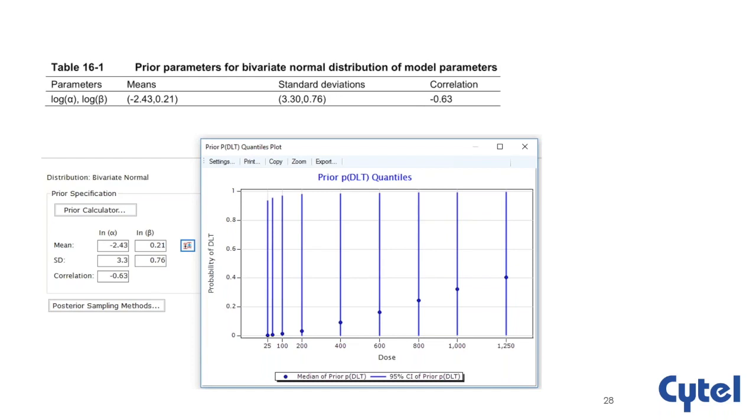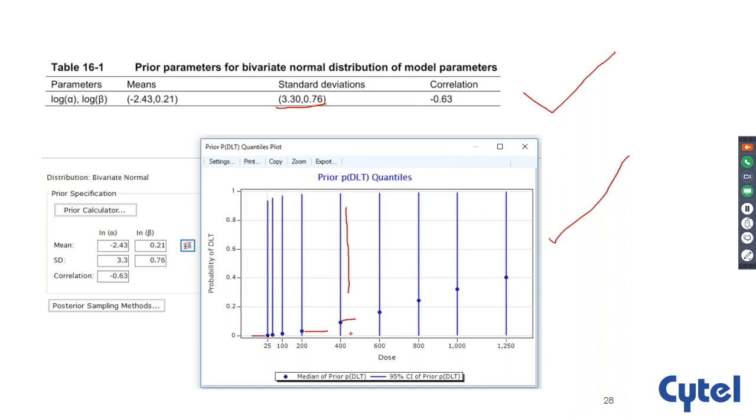So you can see the bivariate normal distribution that was used by the authors. You can see it up here on the top. Through the use of the software, we're going to be able to visualize that prior distribution in the plot that you see down here, which not only gives you an idea of what is the median of the probability of a DLT at each dose level, but also what these standard deviations result to in terms of prior uncertainty.